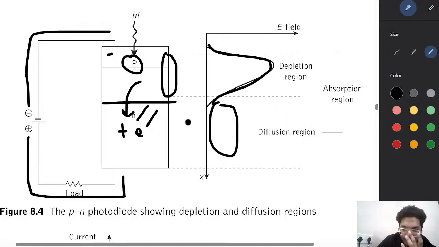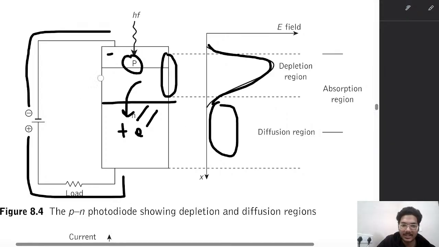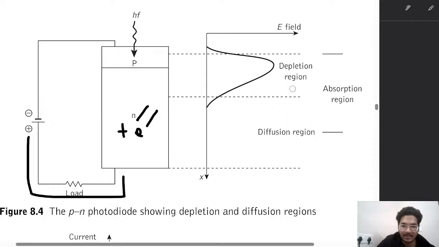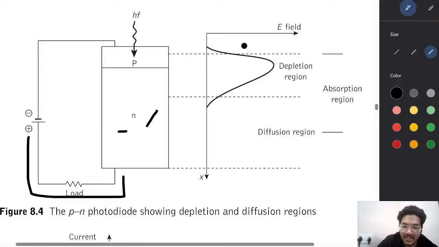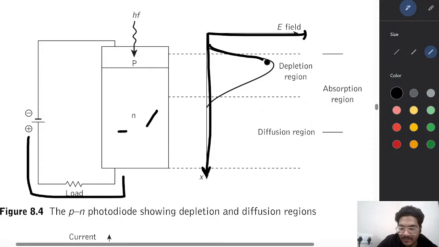First we make the PN junction diagram, then an electric field versus x plot, in which we see the electric field strength: in the depletion region a strong electric field, and in the diffusion region no electric field.